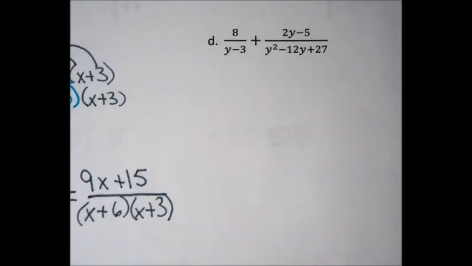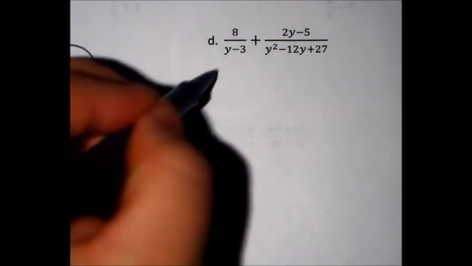Let's take a look over at D. I need to factor the top and I need to factor the bottom. So you might want to pause the video for just a moment so that you can factor both of those. You can see that the first one does not factor.